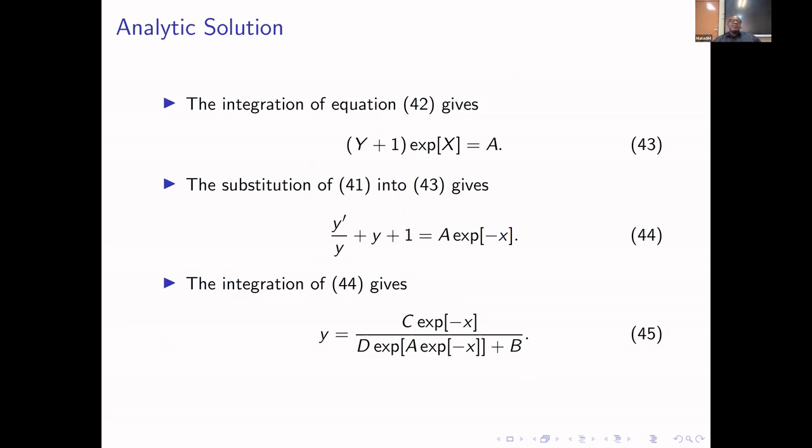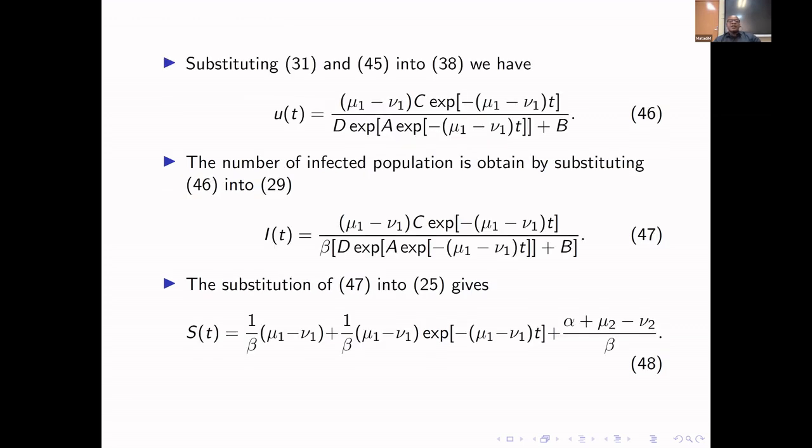And now it's just a matter of going back, because when you find your solution, you must go back to the original variables. That's what I actually did here until I found the solution. I remember the number of infected, which we assumed to be equal to U over beta. So this is the number of infected population that is found.